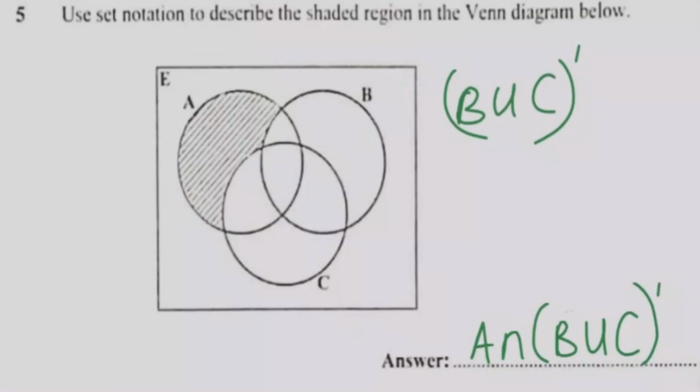This answer, the one I see the majority of students writing, is correct if there was no Venn diagram, no rectangle outside. But if there is a rectangle like this one, the universal set, and there are elements that can be in the universal set, then this answer is not correct.